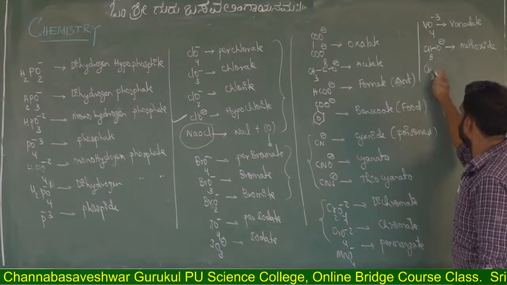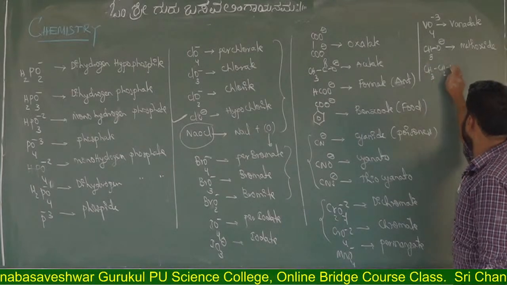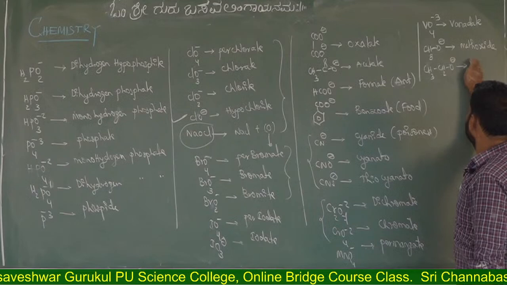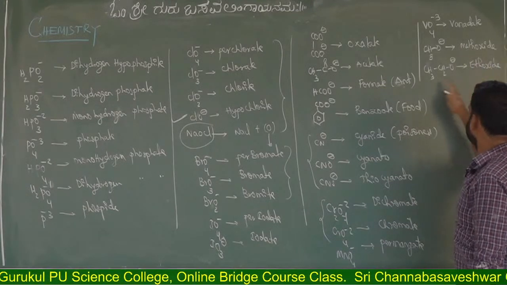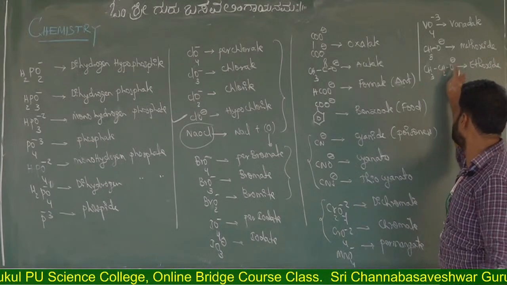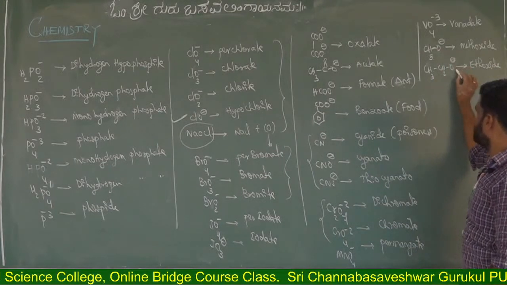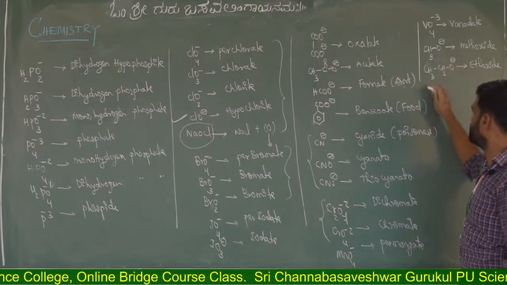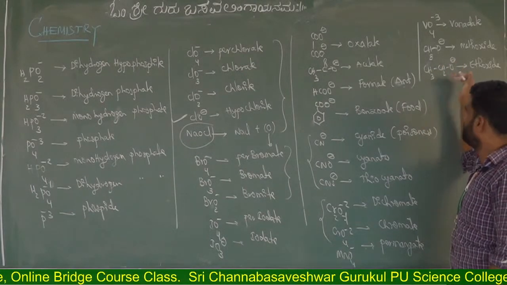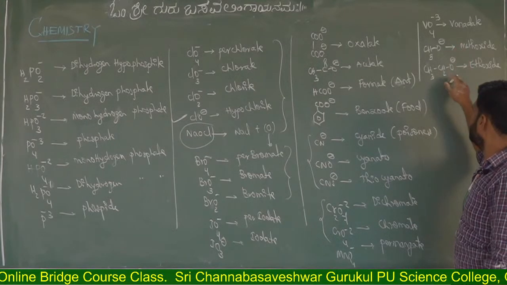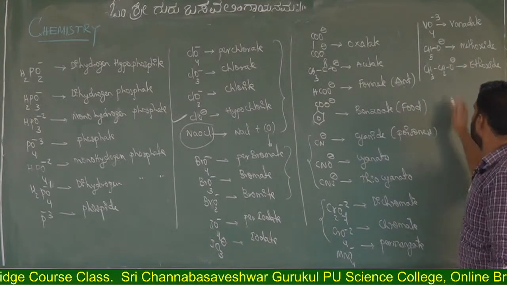Ethoxide means CH3CH2O minus. There is an oxygen, which means the negative charge is on the oxygen. Sodium methoxide and these are very good bases. Later we use sodium and potassium alkoxides in organic reactions, as they act as very good bases. These are the names.